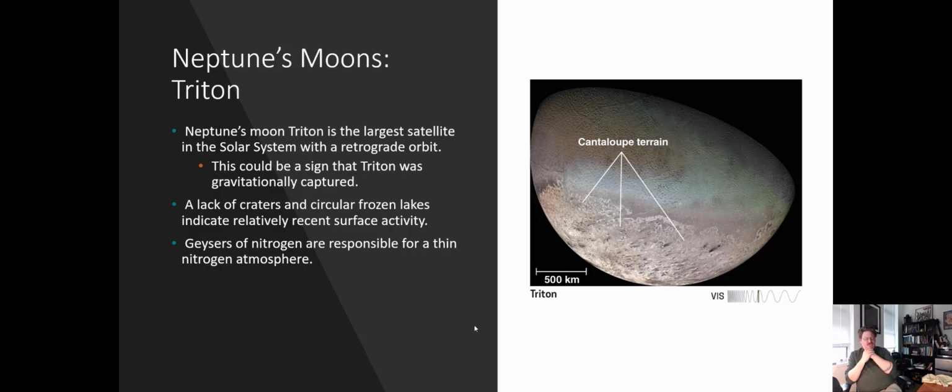The nitrogen spews out from cracks due to tidal stresses and creates a very thin veneer of a nitrogen atmosphere, but it also creates this cantaloupe sort of terrain where the nitrogen slumps out from these geysers and then freezes very quickly, and it causes these dimpled sort of features on it.